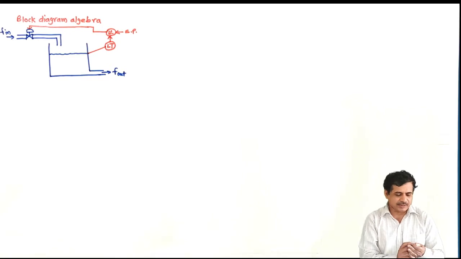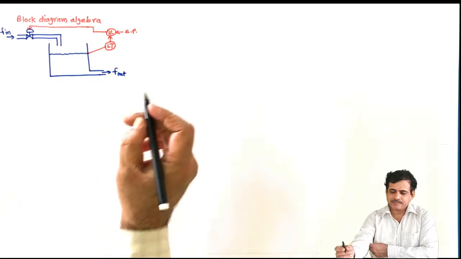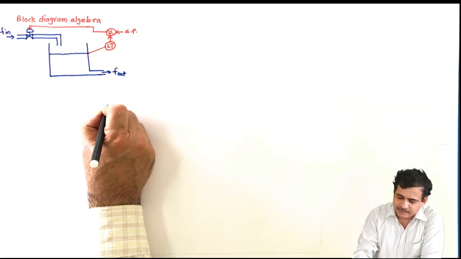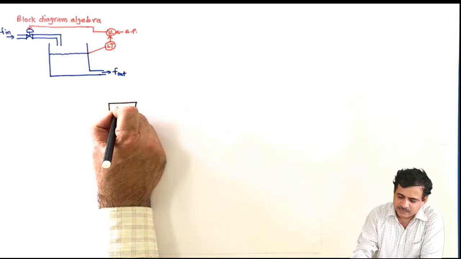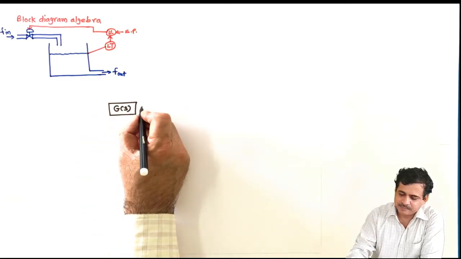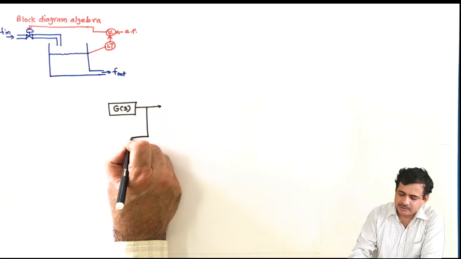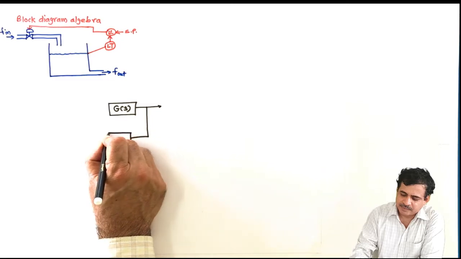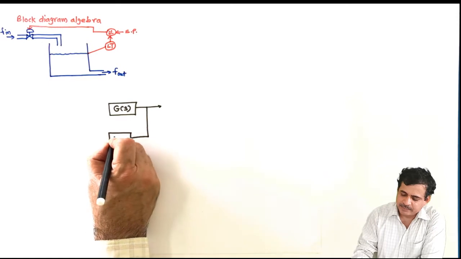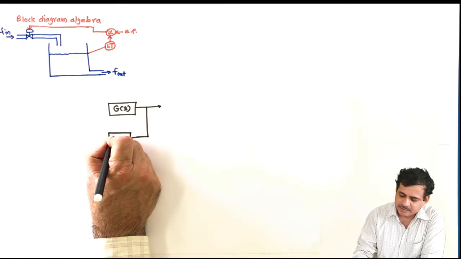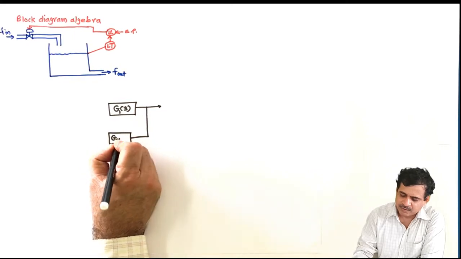So for example, in this case the diagram can be, here we have a system with transfer function say G of s. The level is continuously measured, and that measurement, let this be G1, let this be G2.